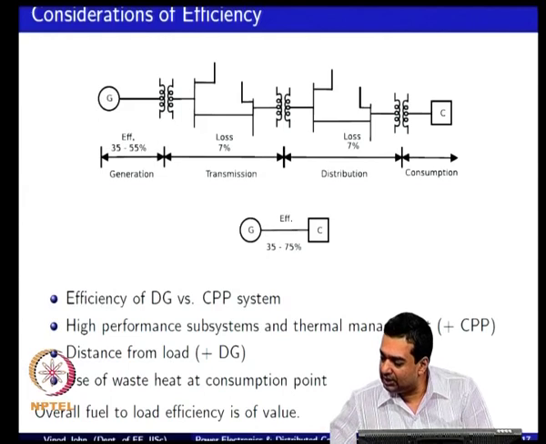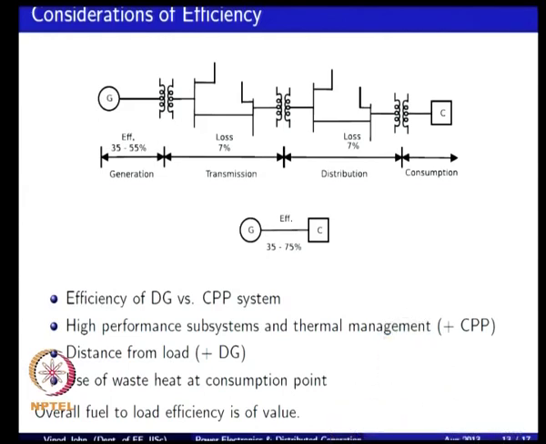If you look at the issue of efficiency of distributed generation versus centralized generation, you can have a range of efficiencies depending on the type of plant, whether it is just a boiler running a turbine, or it has different stages which can help improve the efficiency, or whether it is a natural gas power plant where you can have improved efficiency.